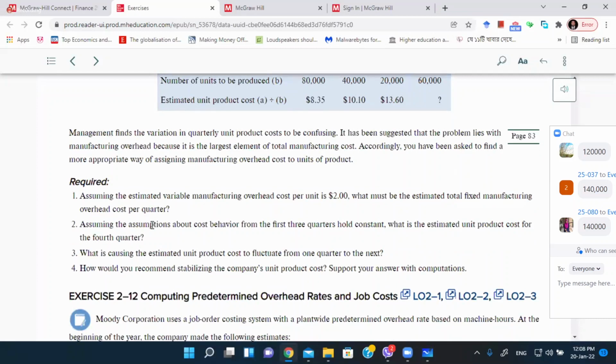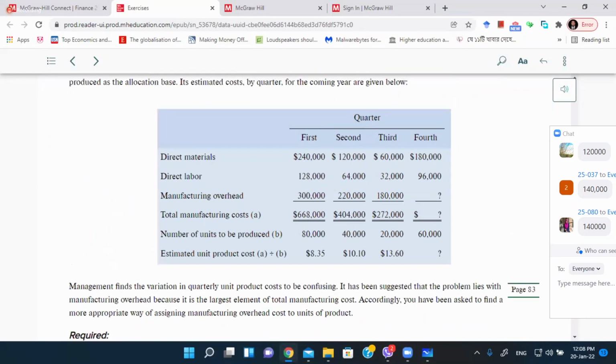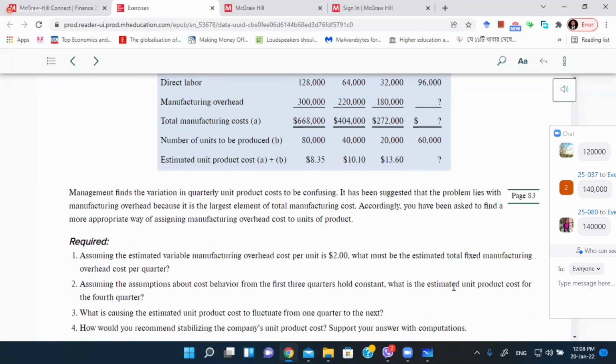Assuming the assumptions about cost behavior from the first 3 quarters hold constant, what is the estimated unit product cost of the 4th quarter? It has been mentioned that the cost behavior will remain the same in all quarters.